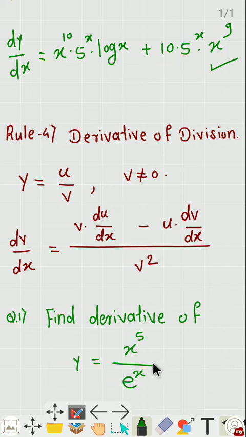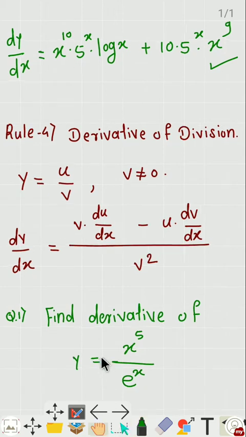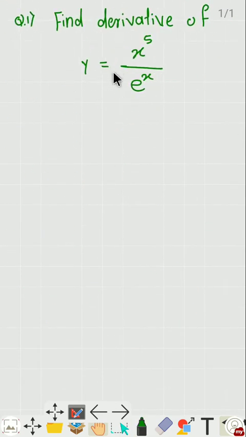So now see here, this is the division of two functions. Now let us write the answer.